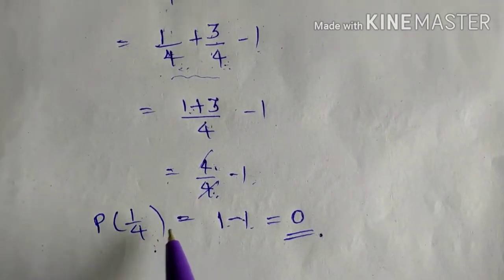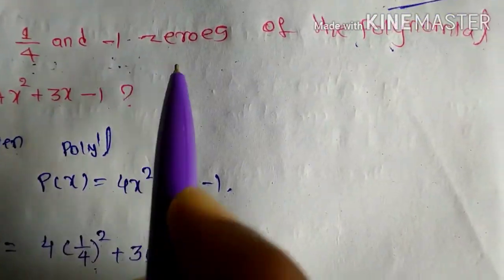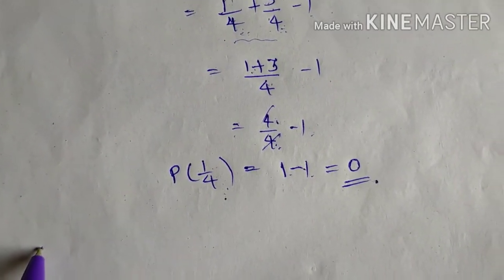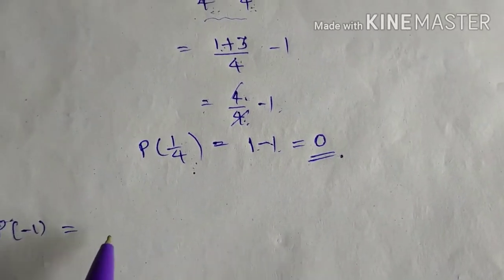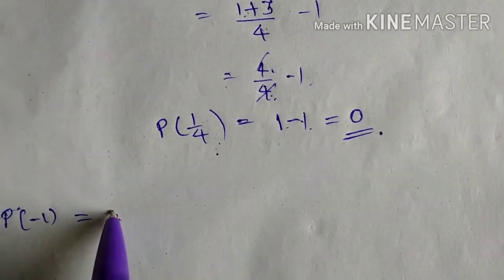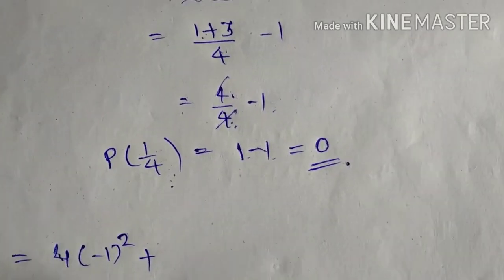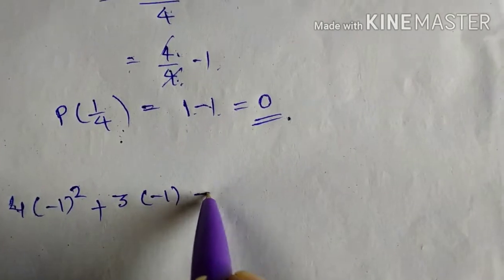Yes. In the similar way, once again you need to find minus 1 also. Yes or no? Now you can see here p of minus 1. Just I am finding here p of minus 1 is equal to 4x square plus 3x minus 1. That means you can write here 4 into minus 1 whole square plus 3 into minus 1 minus 1.